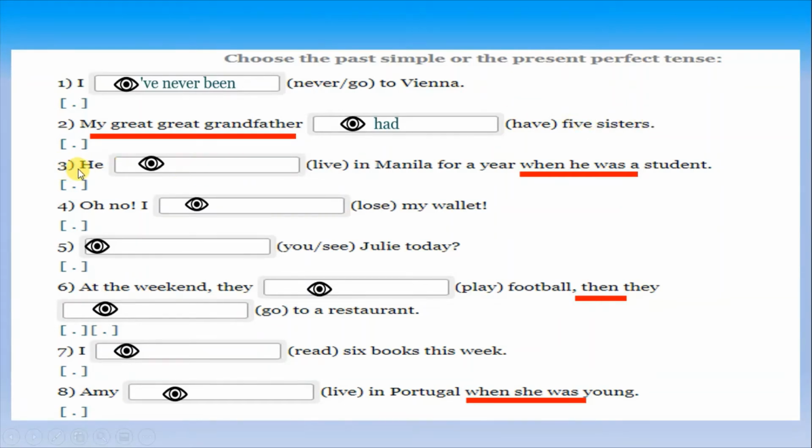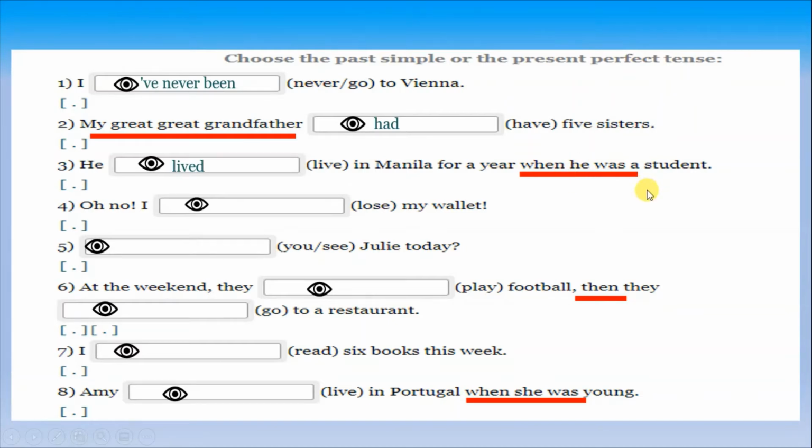Another example, he lived in Manila for a year when he was a student. What do you think? We can see here, this is past tense because this is in the past. He lived in Manila for a year when he was a student.